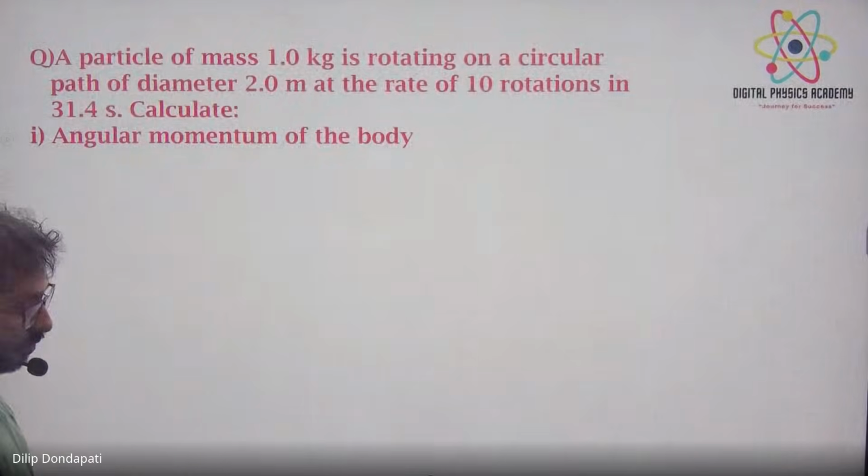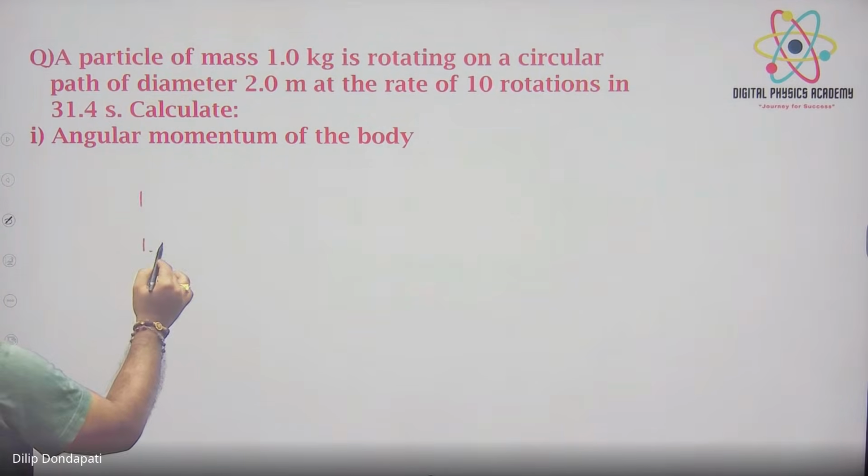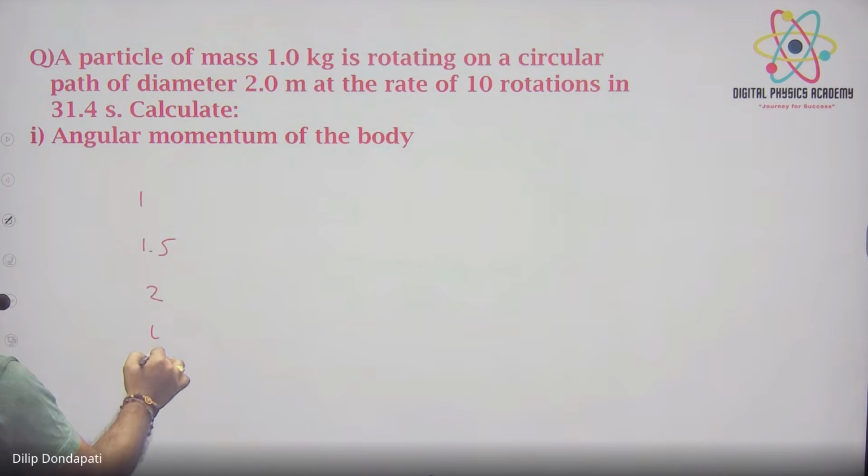करो, calculate करो. A particle of 1 kg is rotating in a circular path of diameter is given, at the rate of 10 rotations in 31.4 seconds. Find the angular momentum of the body. Okay, angular momentum.